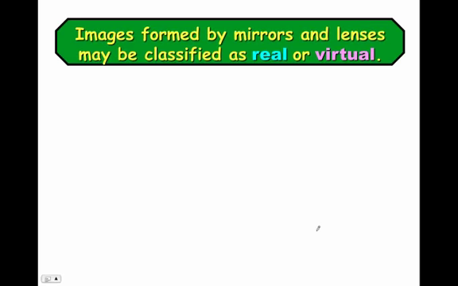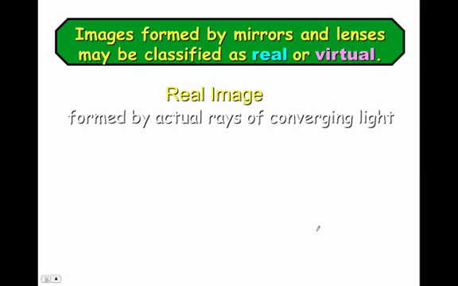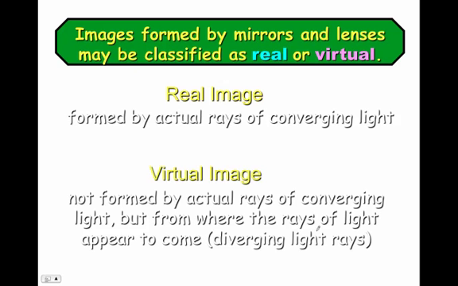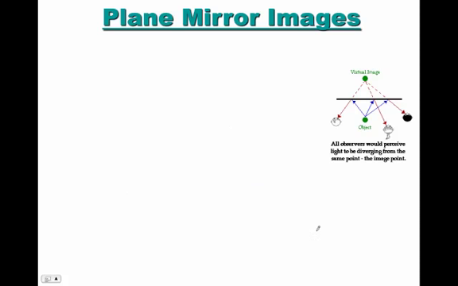Images are formed in mirrors and lenses, and they may be classified as either real or virtual. A real image is formed by actual rays of light converging, whereas a virtual image is not formed by actual rays of light converging, but from where the rays of light appear to come. We call these diverging light rays. So let's look at this. If this is a flat plane mirror, all the observers perceive light to be diverging from the same point.